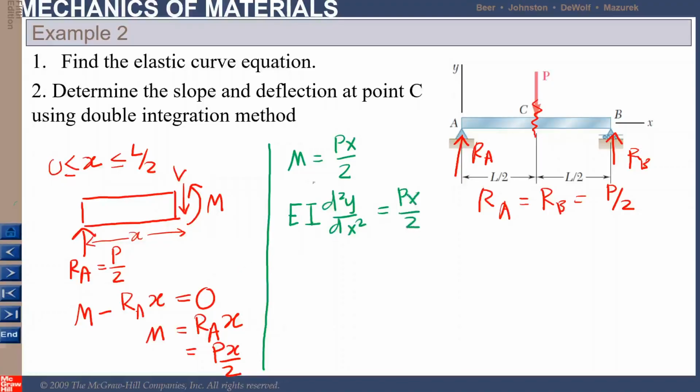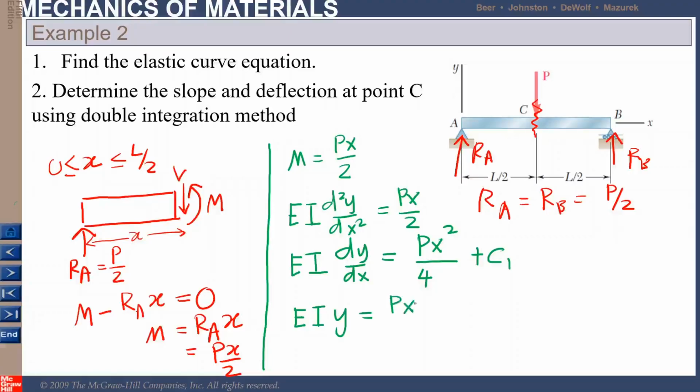Then we integrate once to get the slope, so EI dy/dx is equal to Px²/4 plus C1. Integrating once again, EI y is equal to Px³/12 plus C1x plus C2.